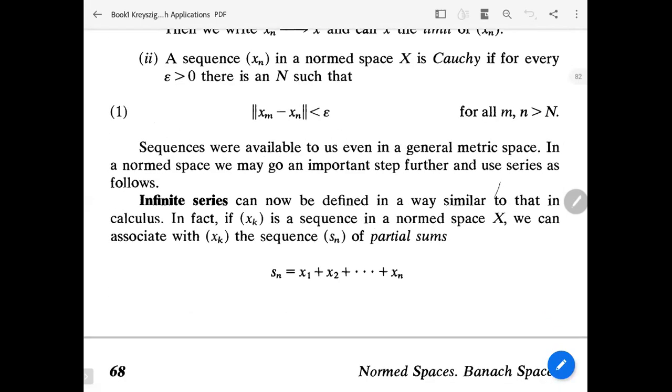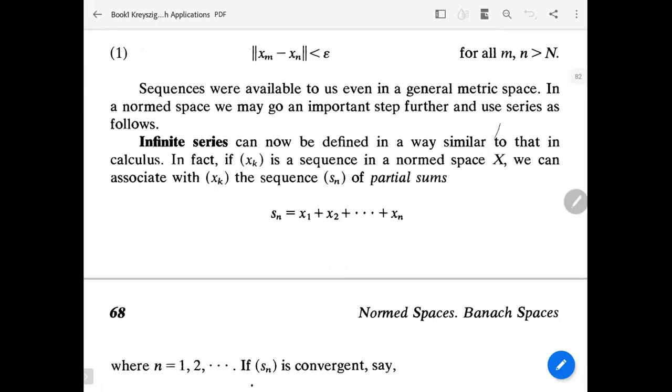So then we have infinite series. One of the most important things about the theory of Banach spaces is that you can do calculus in Banach spaces. In a metric space, there is not much room to do many things, but in Banach spaces you can do many things which you have been doing in calculus.